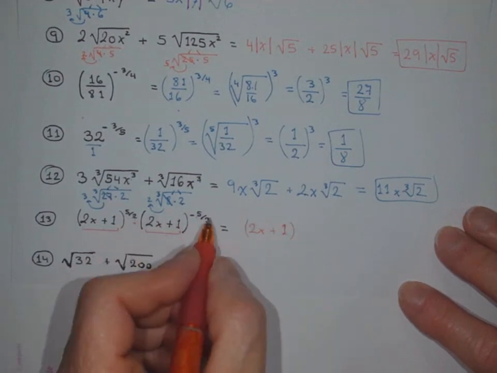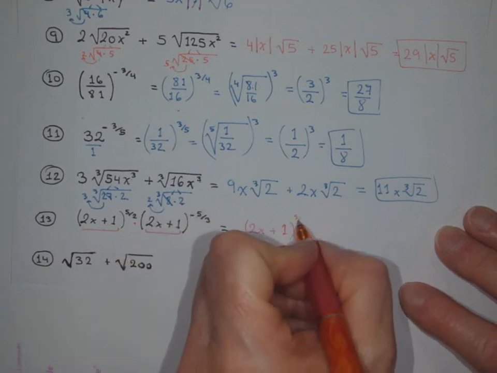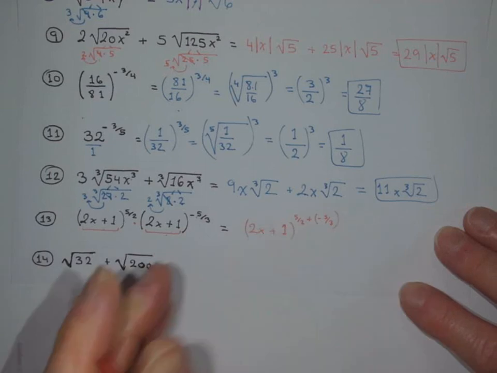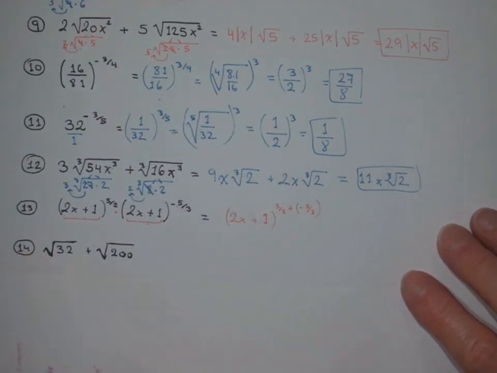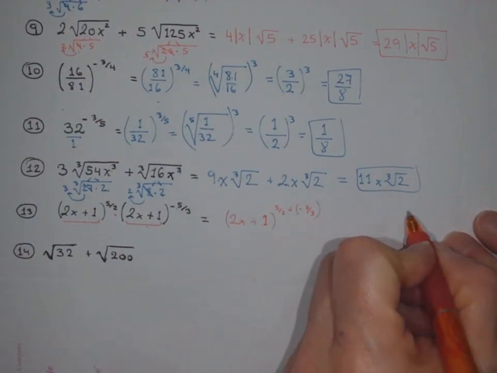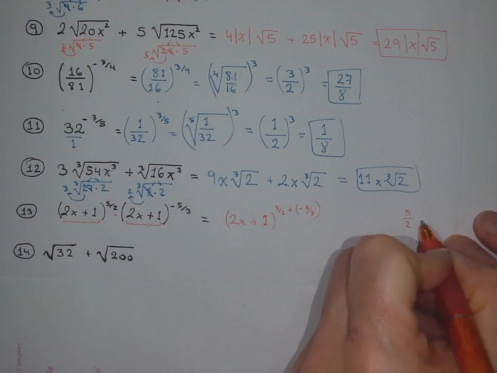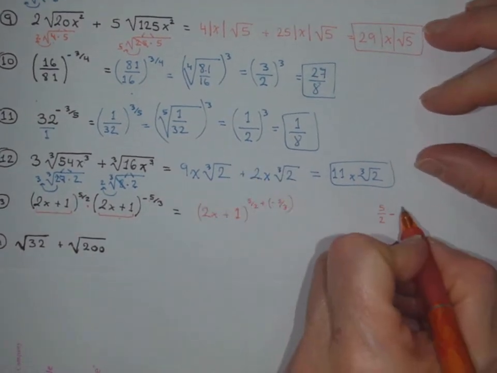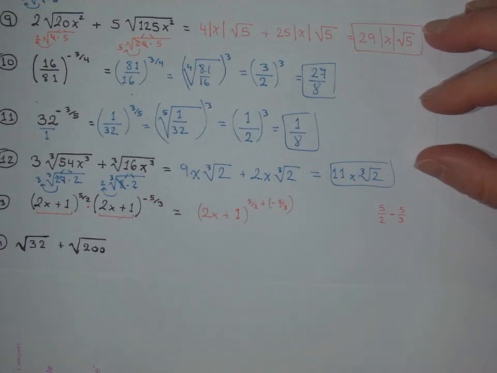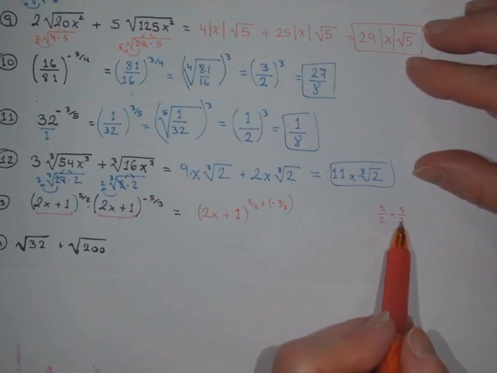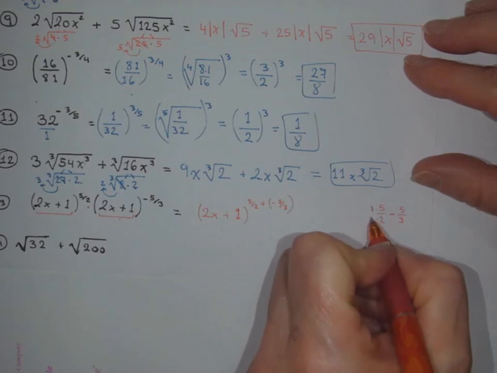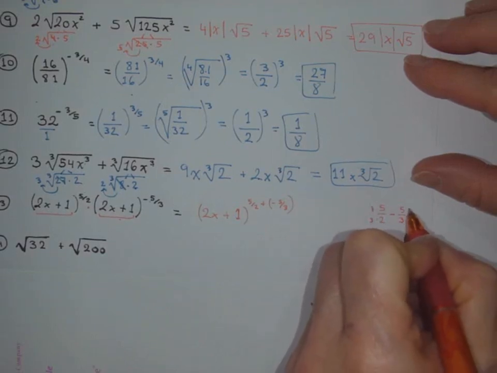And I'm going to add those powers. So I want 5 half plus a negative 5 third, right? So 5 half plus a negative becomes minus, right? So minus 5 over 3. Well, we need a common denominator here, so I'm going to multiply this fraction by 3 and this one by 2.